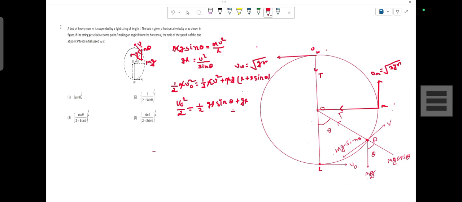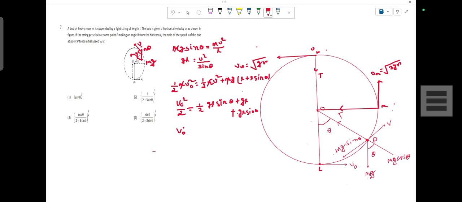And you can put gL equals v square by sin theta, but I can put that right after some time.